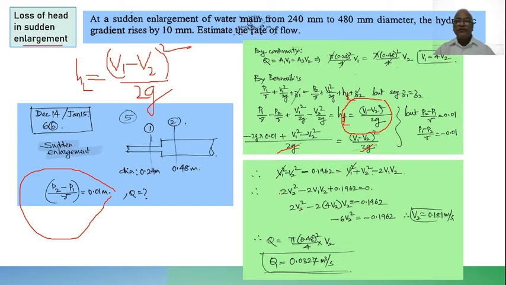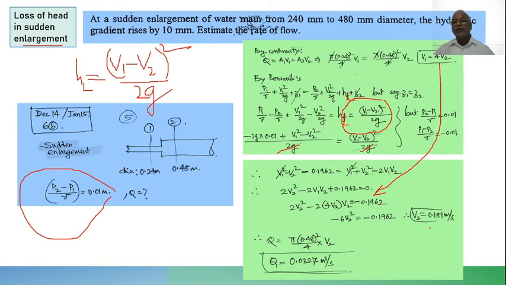So simplification gives this equation, 2V2 squared. Taking the other side, 2V2 squared minus 2V1V2 plus 0.1962 equals 0. Now I use this information here. So 2V2 minus 2 times V1 is 4V2, V2 equal to minus 0.1962.